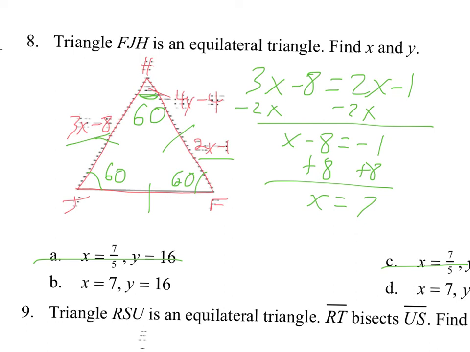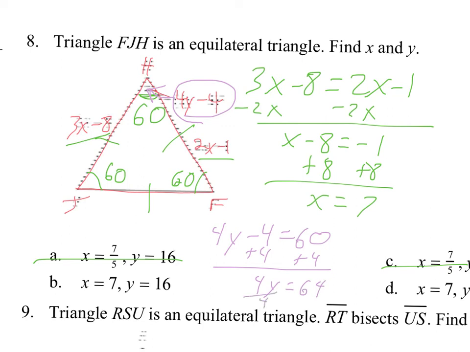So now, notice that this is an angle measure for this angle right here, where we see that it's 60 degrees, so 4y minus 4 equals 60 degrees. Add 4 to both sides, we get 4y equals 64. Divide by 4, and y equals 16, which leaves me with B as my answer.